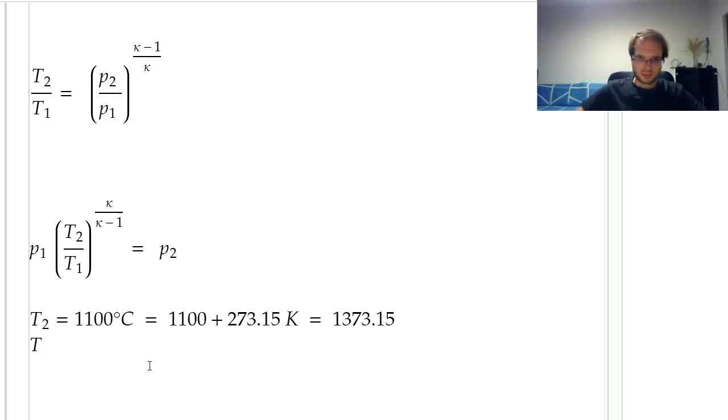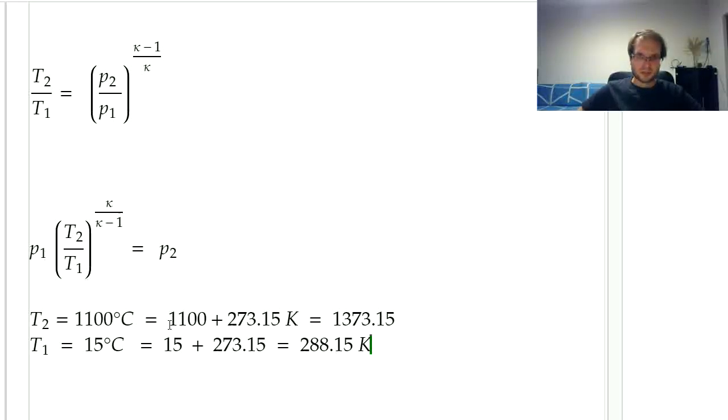The temperature T1 as the ambient temperature was specified as 15 degrees C, which is 15 plus 273.15, which is 288.15 kelvins.